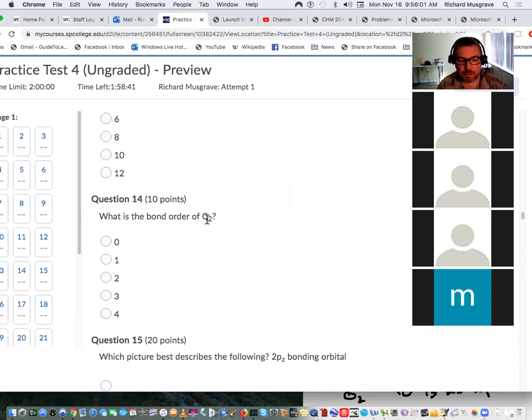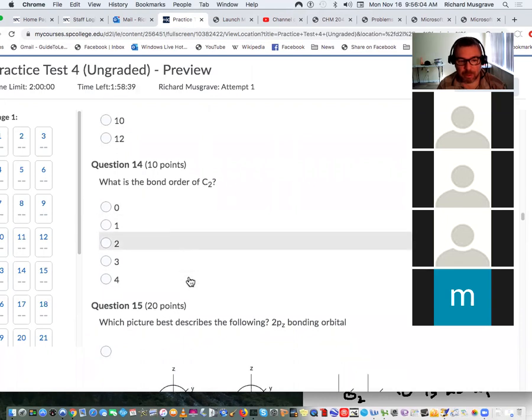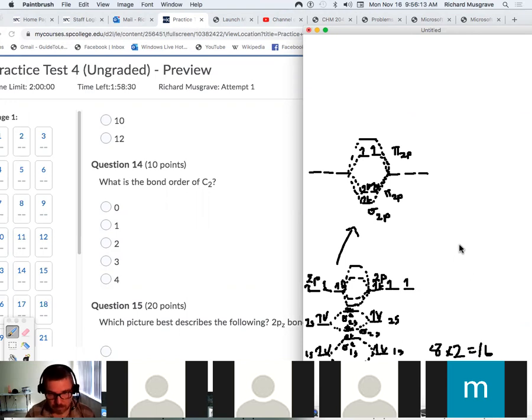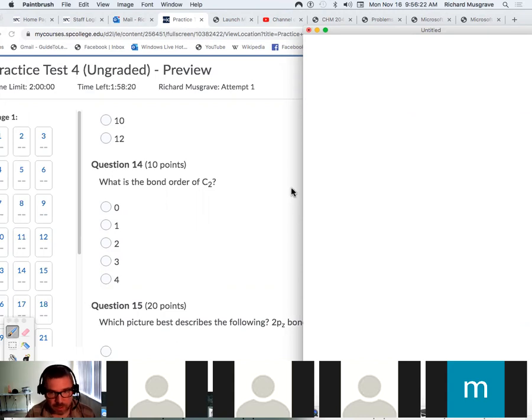What's the bond order of C2? So for something like that, let me show you how you would do that. All these use the same orbital diagram. So we're going to do C2, and you'll see how this looks.